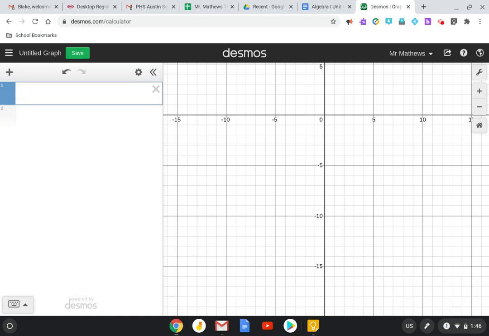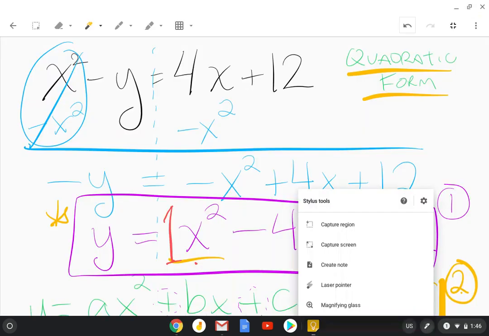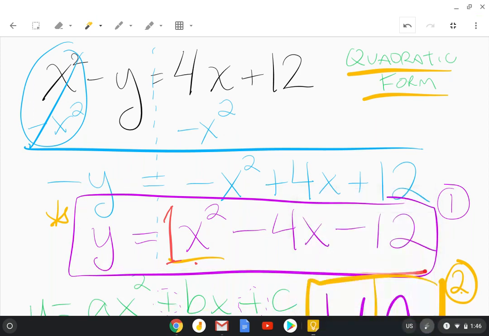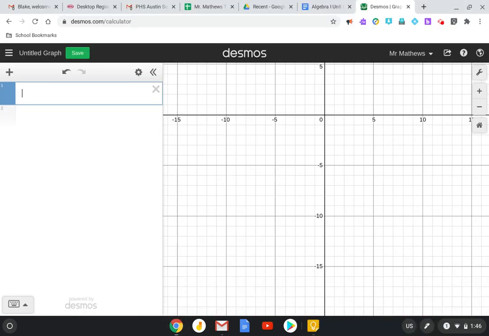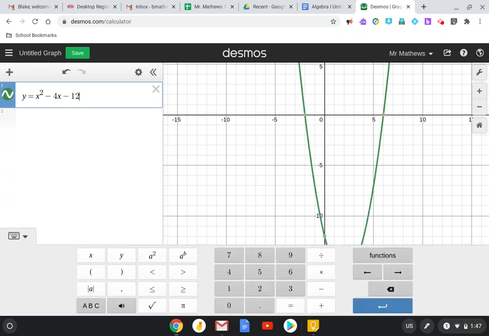So in Desmos, we're going to take this equation right here, x squared minus 4x minus 12. That's why it's important to write things down. And we're going to put it right in here. So we have y equals x squared minus 4x minus 12. You can also use the keyboard that pops up on the screen.